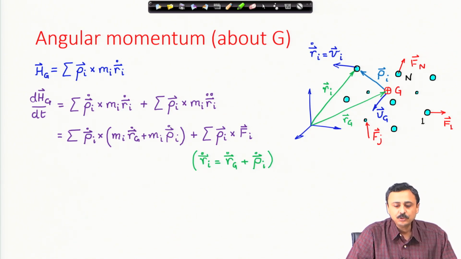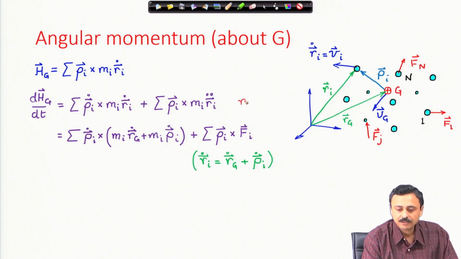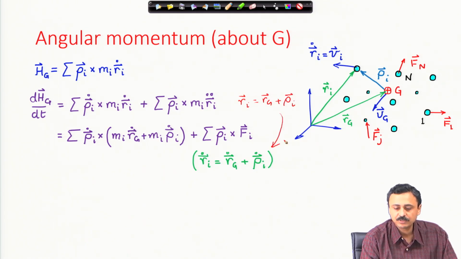Now, I once again use those expressions I have used. So, here I have used this r_i vector is r_g plus rho_i, and whose time derivative is this.